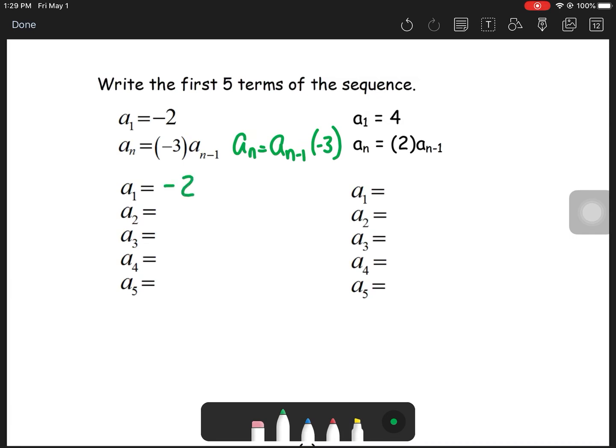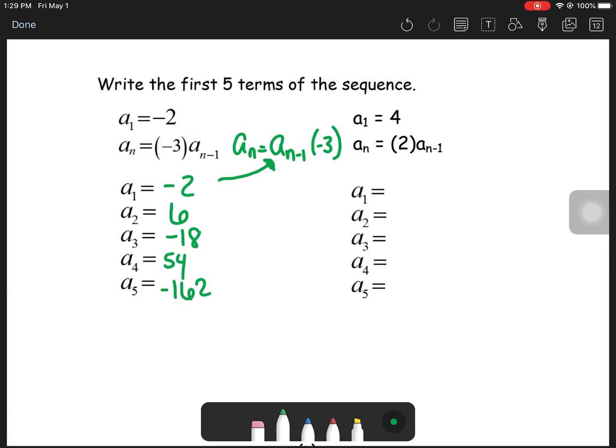So then what we do is we take the -2 and we plug it into the formula and we multiply it by -3 and we get an answer of 6. It means you're always taking the answer that came before it and multiplying it by the rate, -3. That's how we've been working on these anyway. It's just writing it formally.